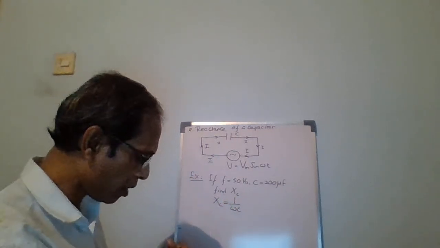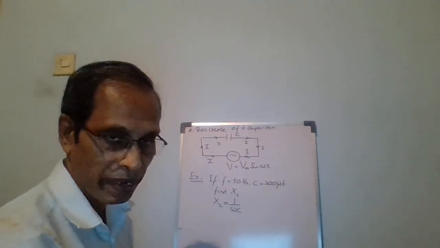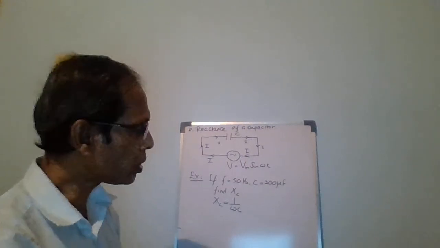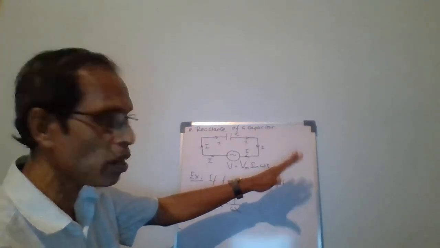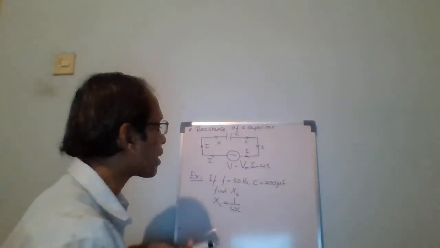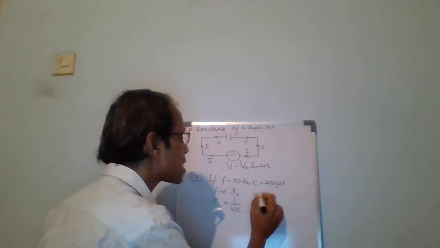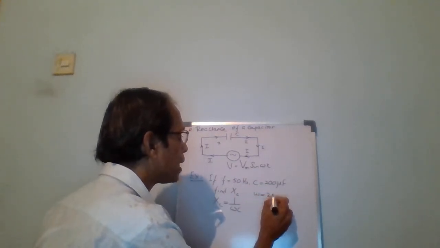Omega is the angular velocity of the rotating vector. Both V and I rotating vectors are rotating at the same angular speed omega. Omega we can write as 2 pi f.